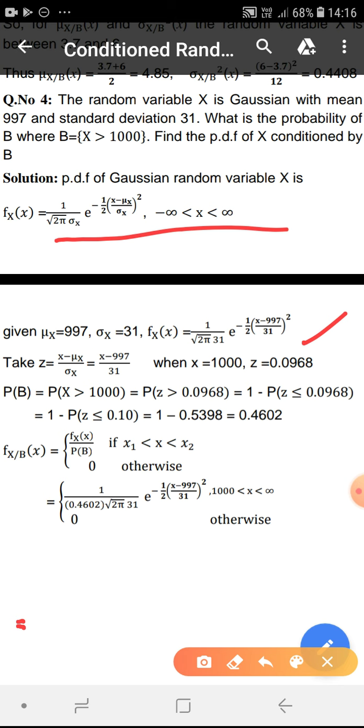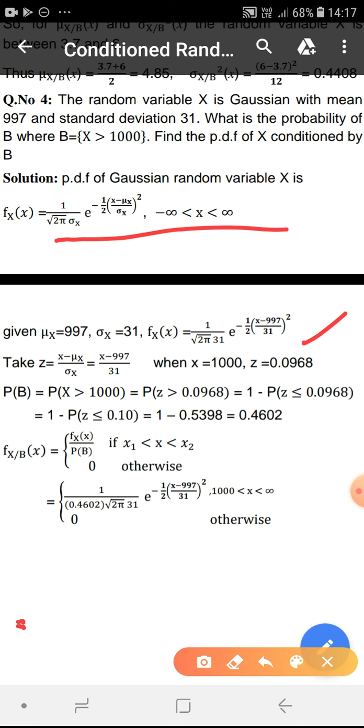What is asked in the question is the conditioned PDF, conditioned by the event B, which is x greater than 1000. So first we'll convert this Gaussian random variable x into a standard normal random variable.